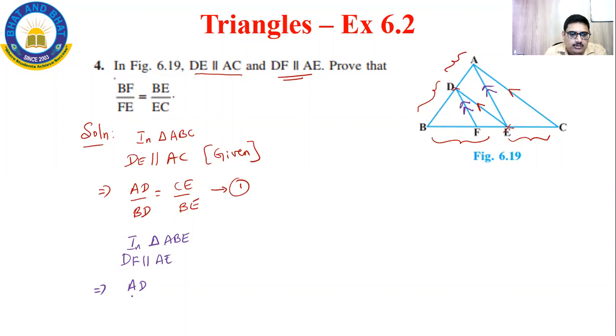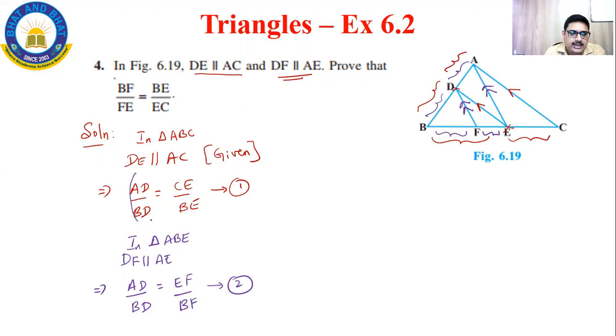AD divided by BD is equal to EF divided by BF. Is that correct? Observe, in triangle ABE, AD divided by BD will be equal to EF divided by BF. So this will be my equation 2.